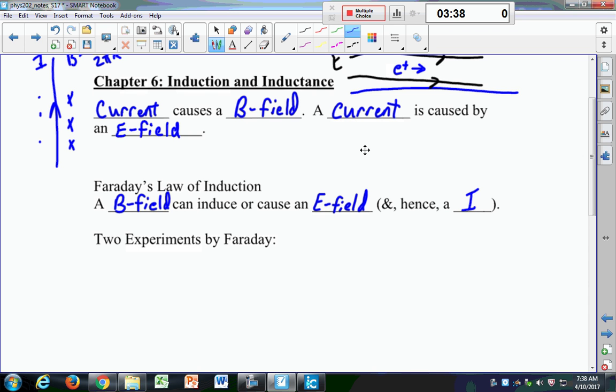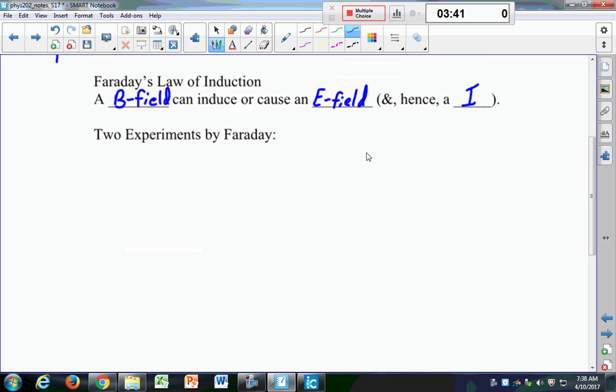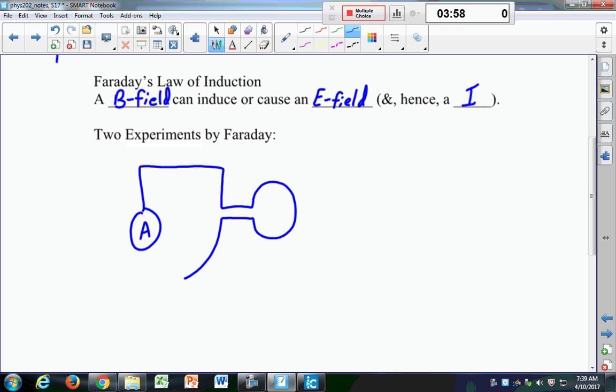And he did 2 experiments. And we'll do one of them here today, I'll show you. The first experiment is he took an ammeter, you know, sort of the late 1800s version of the ammeter, which was not that much different actually than the one we have today. And he hooked it up to a wire that looked something like this.